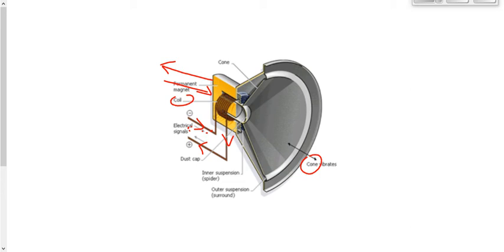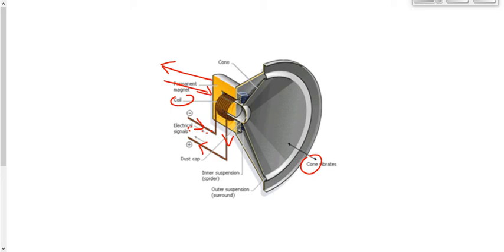Okay, I'm causing variations in air pressure, which the variations in pressure are transferring to your ears, not the air itself. Because that's what happens here. Instead of my voice box vibrating back and forth, causing variations in pressure, it's this cone vibrating back and forth, causing variations in pressure, which is sound.